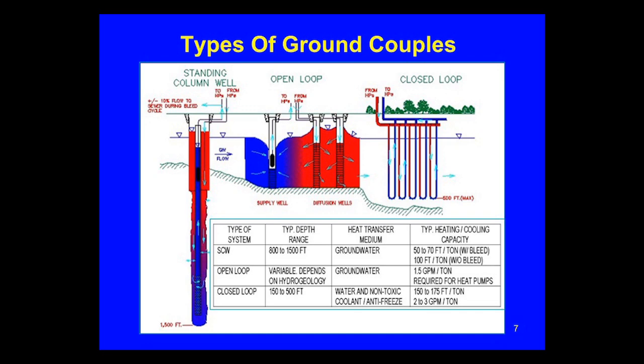For a 500-footer, you get about 2.5 tons of cooling capacity, and they have to be put on centers of about 15 to 20 feet apart. So to give you a perspective, what does that mean?